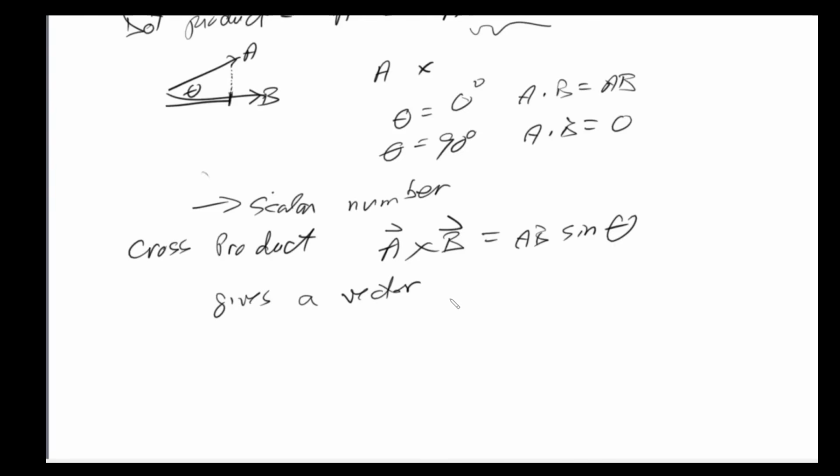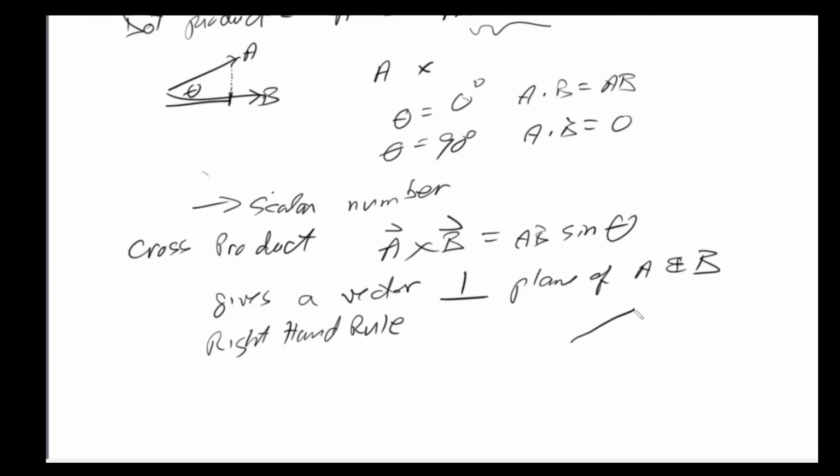And this vector is perpendicular to the plane of A and B. So if you remember, we can use the right-hand rule to find the direction of this vector. So if we have A and B, and we cross these two, we take our right hand, rotate A into B, and our thumb would point into the page. So the resulting vector C would be into the page.